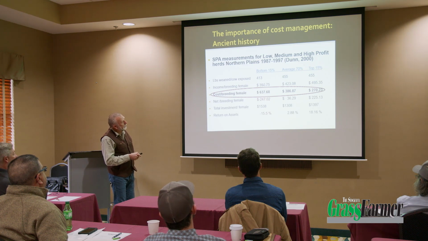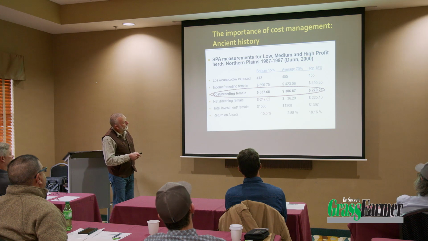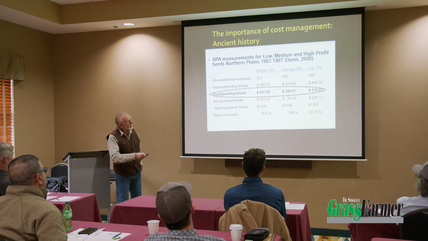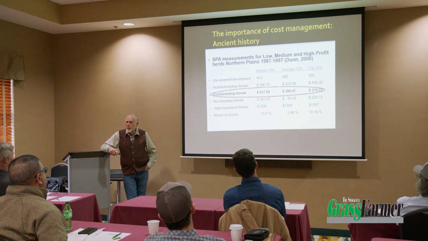Income per breeding female: there's a $100 difference between the top 15% and the bottom 15%. If we look at a 40-pound differential and a $100 differential, that makes each additional pound that those top-end producers are marketing per cow worth $2.50. $100 more total revenue, only 40 pounds more per calf.